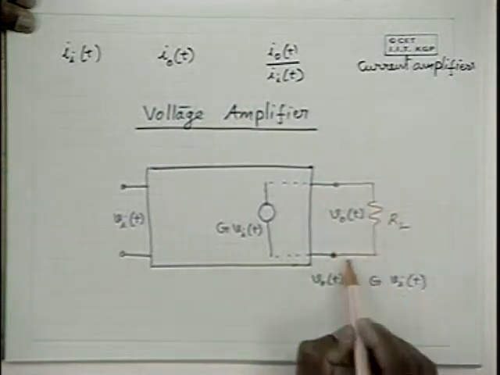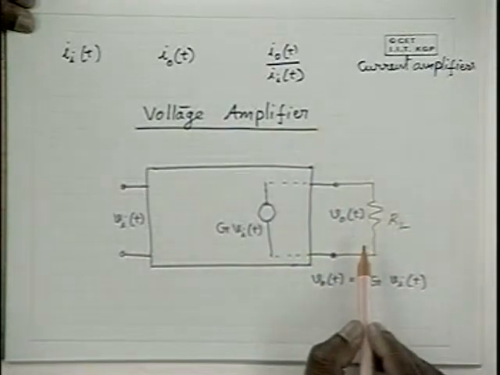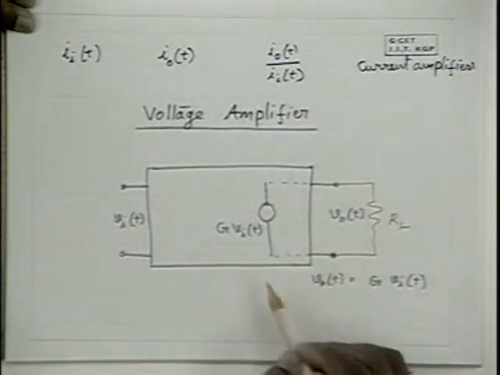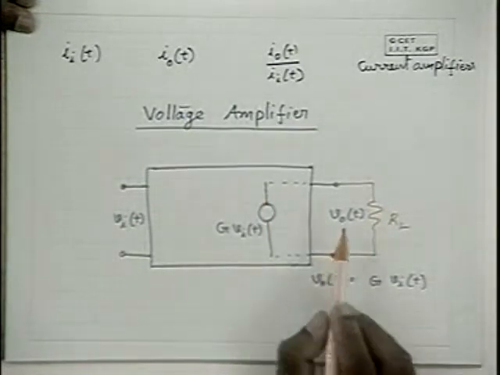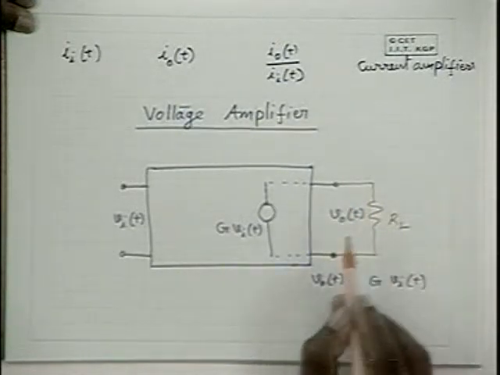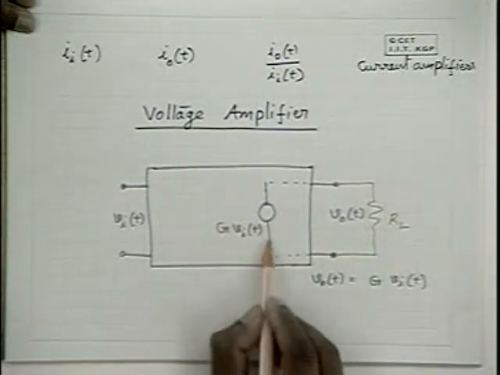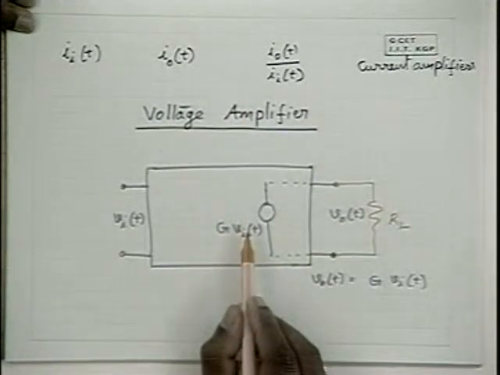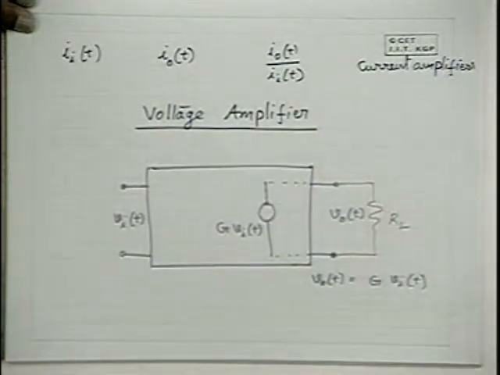If you short circuit it, for instance, you expect the output voltage to be 0, because it's a practical amplifier, not an ideal amplifier. So you will find that the terminal voltage V_OT drops from G V_IT.